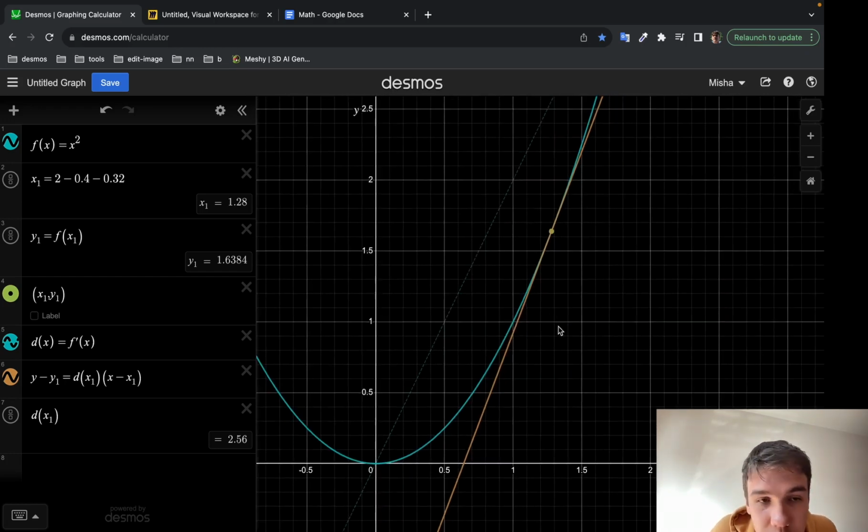We see that this is 1.28, and what I'm going to do is again subtract the derivative of our point, and this is how our gradient descent works. This is the algorithm which makes iterations, and inside these iterations it takes the derivative and subtracts it from our target value, which is x1, to understand what our error is right now.